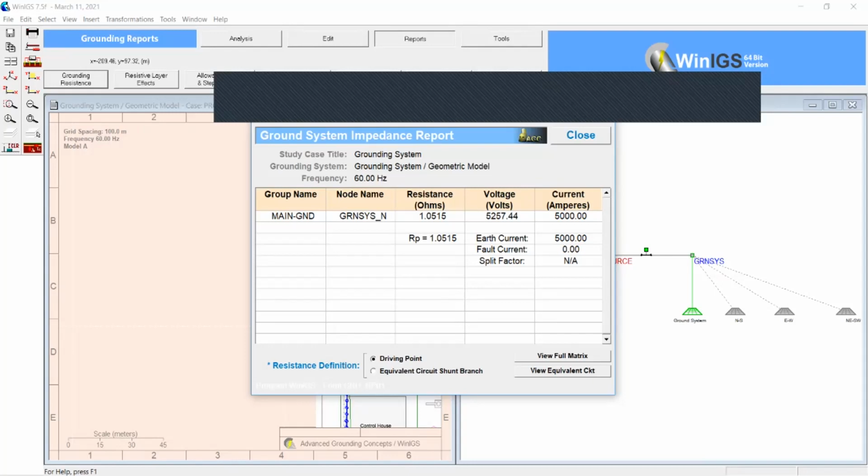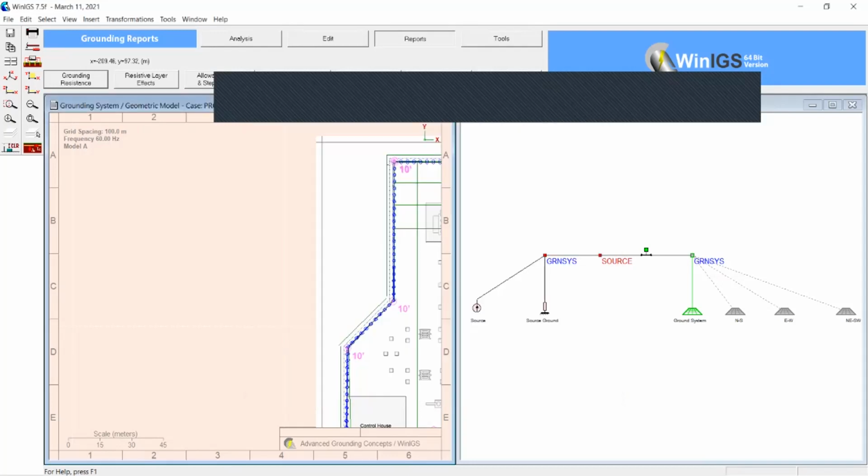So whoever is having high ground potential rise, you have to go back to your model. Close this one.